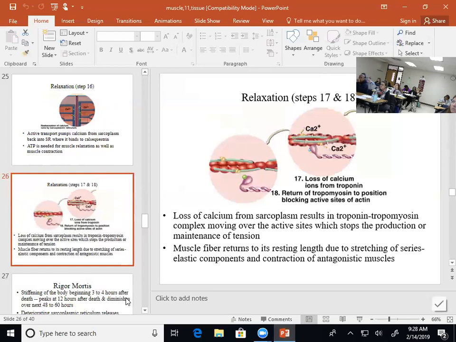What poured into the fiber? Sodium. In response to sodium coming in, what poured out? Potassium. What did that cause? An electric shock to move through the whole entire muscle fiber, including the sarcoplasmic reticulum, endoplasmic reticulum. When that happened, the reticulum released what?